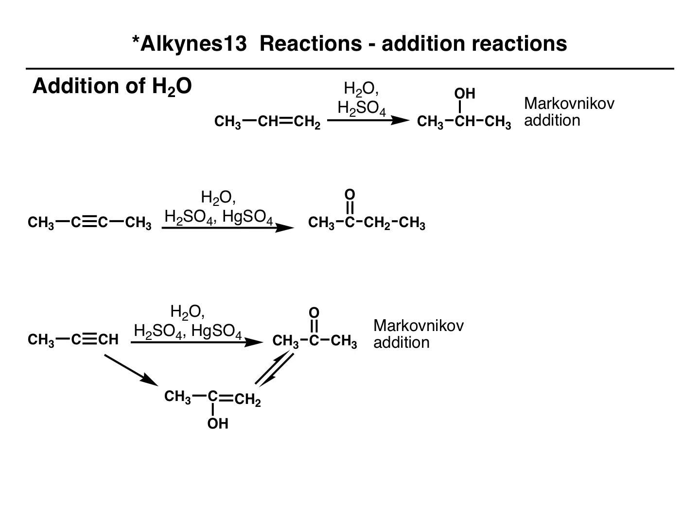This is really like an oxymercuration-demercuration, which was another reaction that we talked about with alkenes as an alternative way to get Markovnikov addition of water. So with an alkyne, you can call this acid-catalyzed hydration with mercury, or an oxymercuration, and we get a ketone as our product.